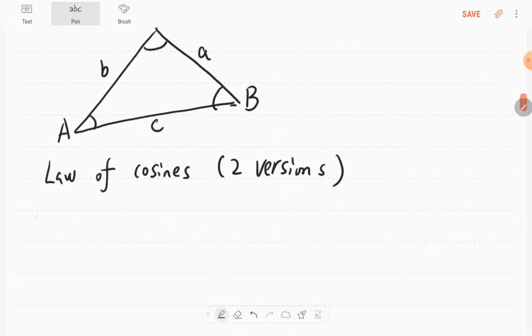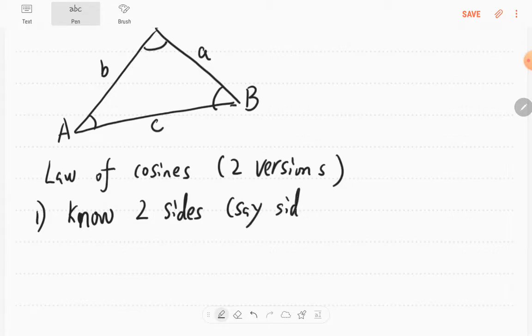Okay, so now let's look at the first version. If we know two sides, say, for example, side B and C, I use the red color to label them on the triangle.